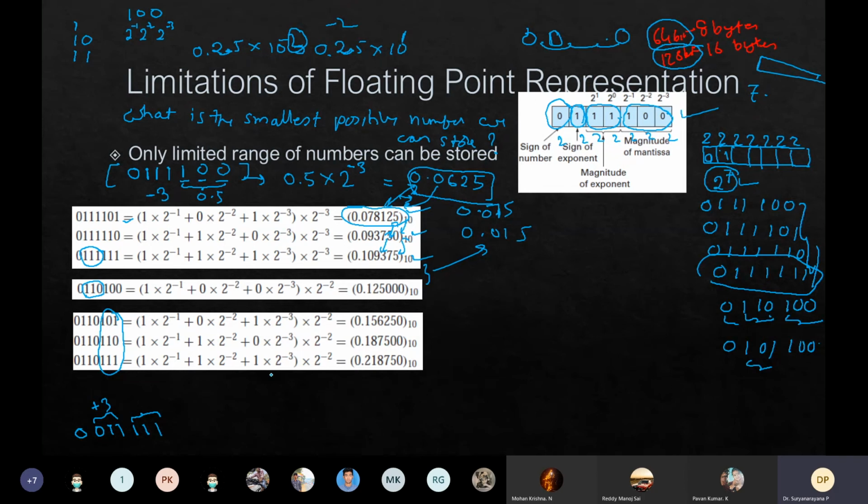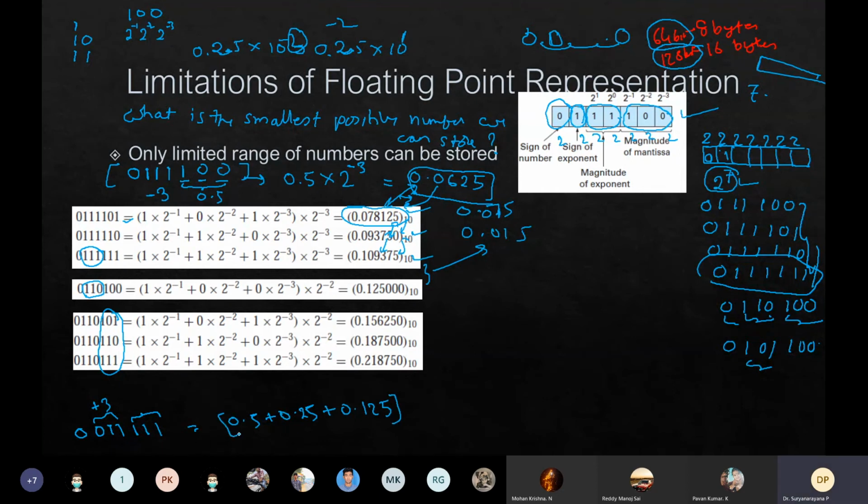Again, I'll tell you. No, this is 0.5 place. I think you must know this now. That's 0.5 place, and this is 0.25 place, and the last one is 0.125 place.